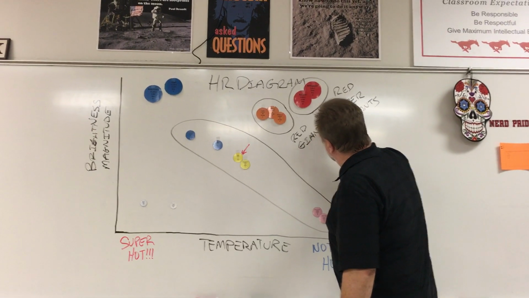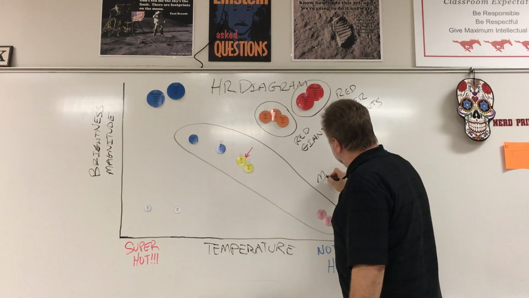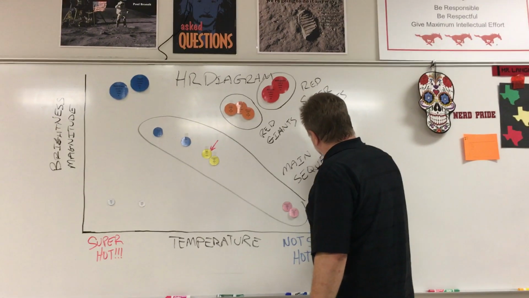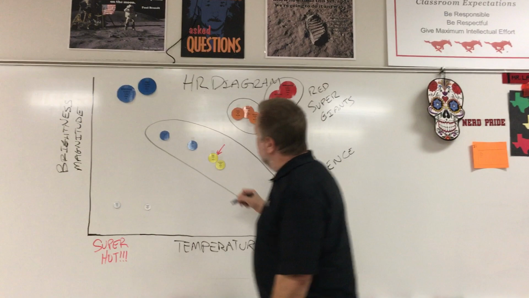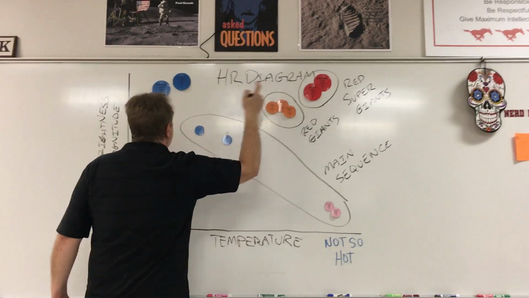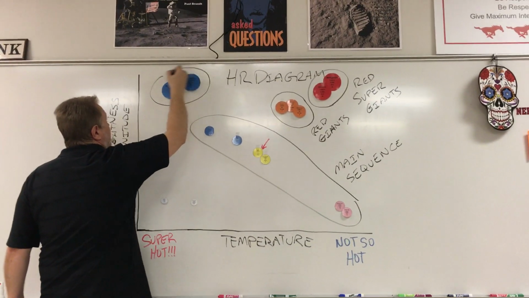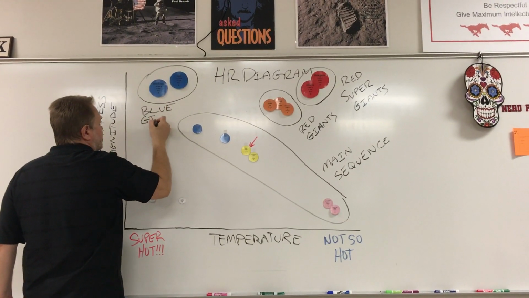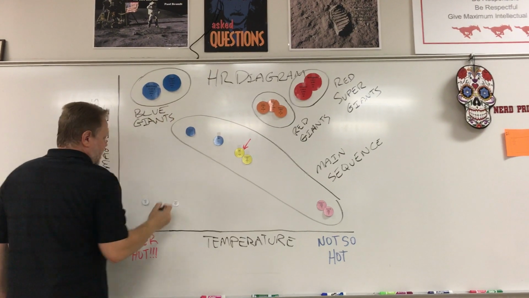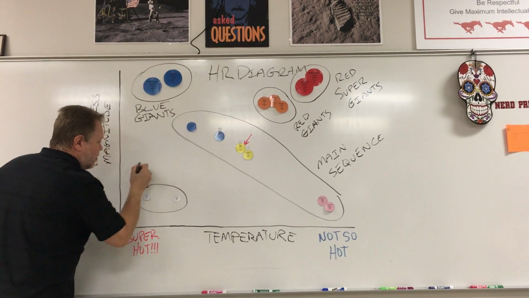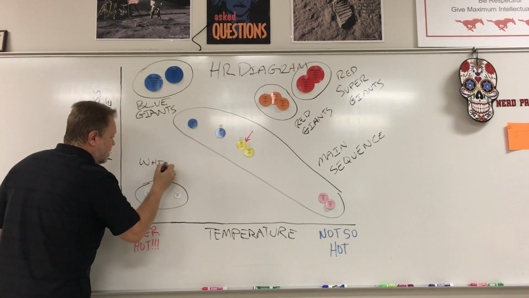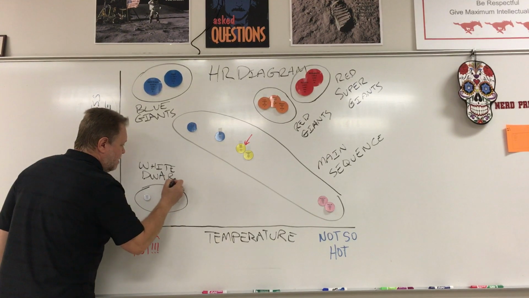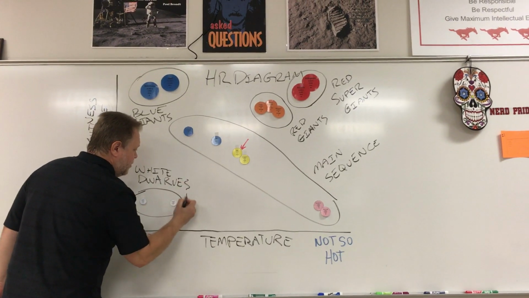These are called main sequence. And if those are the red giants there, you can probably guess these are called the blue giants. And these tiny little bitty things right here are called the white dwarves.